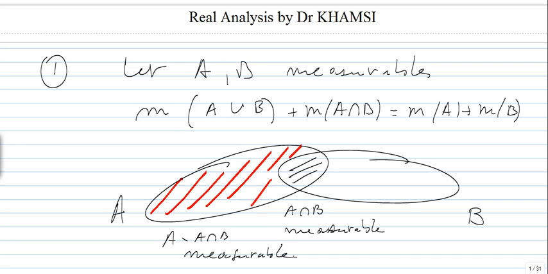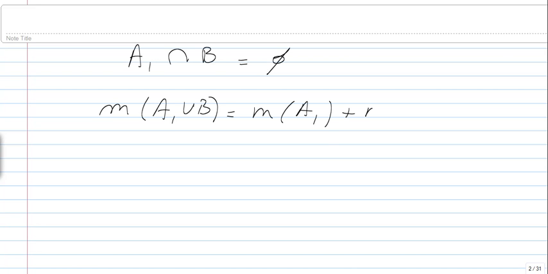So what do we know? This set, let's call it A1, and B are disjoint. So we have A1 intersect B equal to the empty set, which implies that the measure of A1 union B is equal to the measure of A1 plus the measure of B. Now, what is A1 union B?